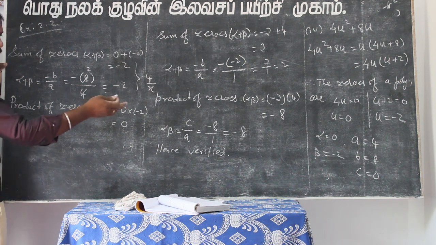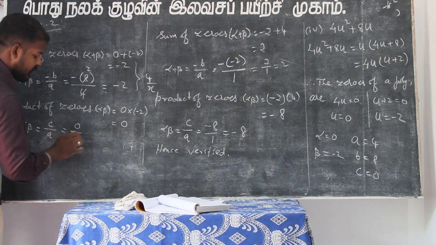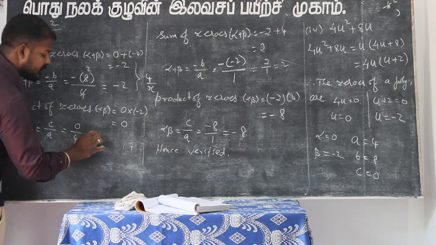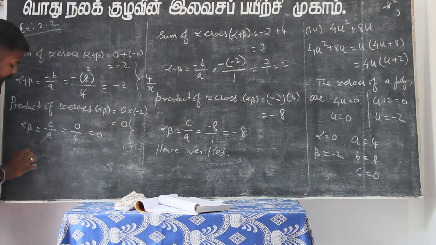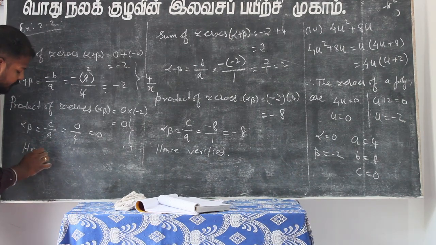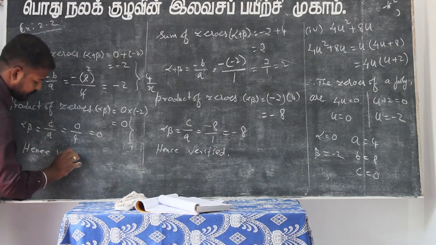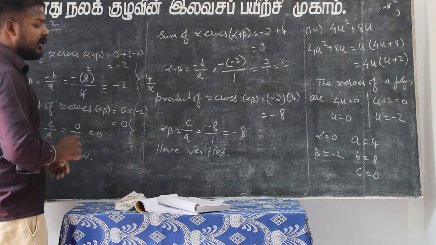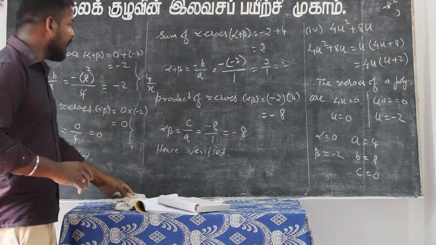C is nothing but 0. 0 divided by 4, 0 divided by anything is 0. So these both are equal, hence verified. Next we will move to the third problem.